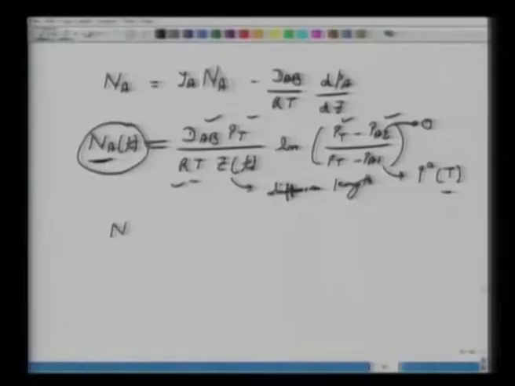So we have NA at t equal to 0, and all we have to do is to substitute and put the correct value of Z at t equal to 0.